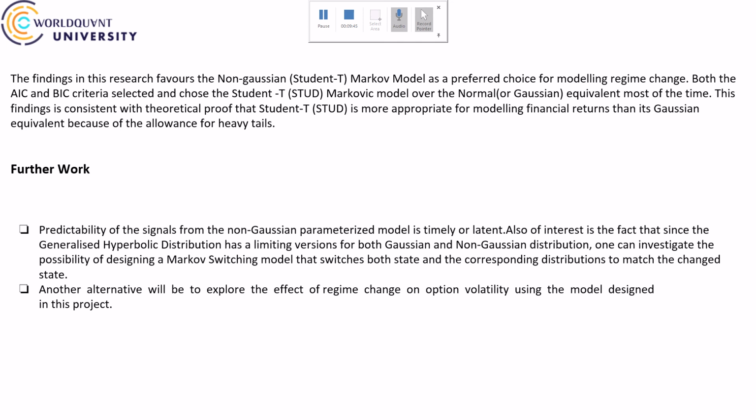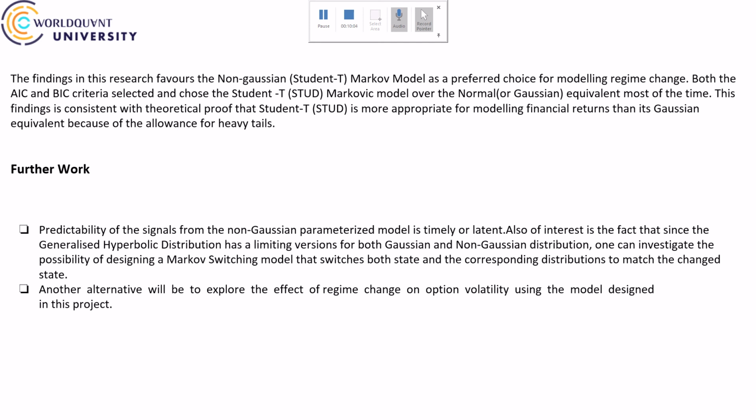As I explained earlier, the AIC and BIC criteria used to select the best model were lower than the ones for the normal or Gaussian equivalent for the same data used to make our simulation.